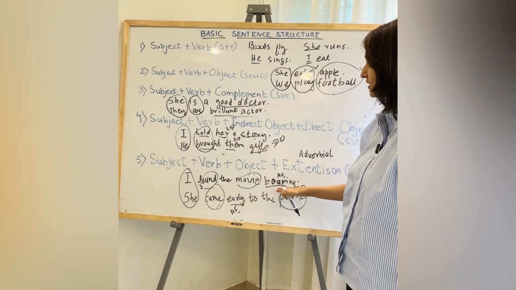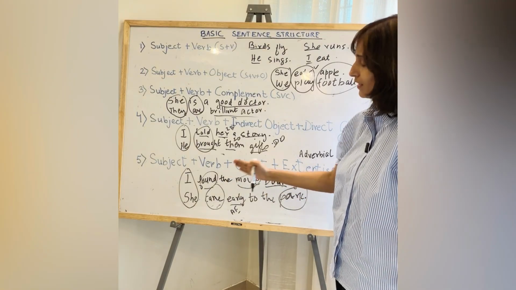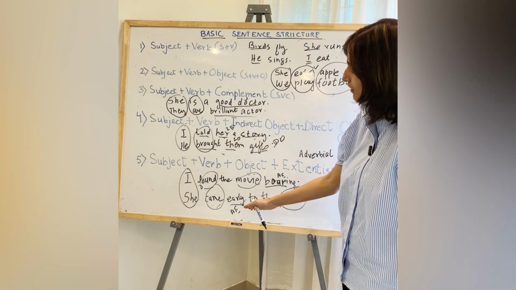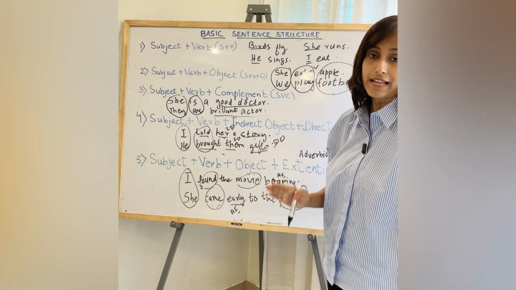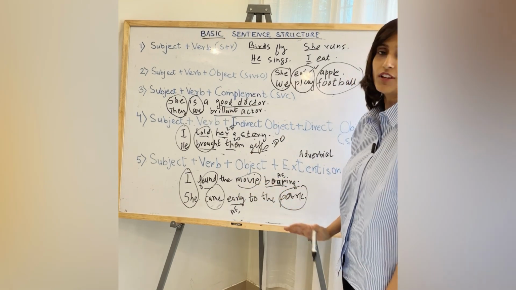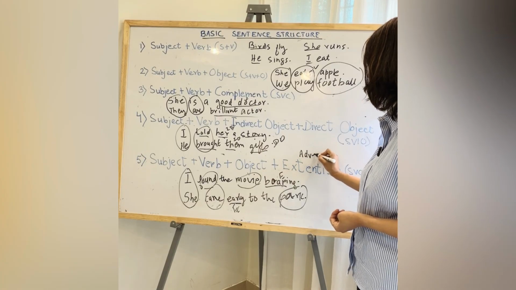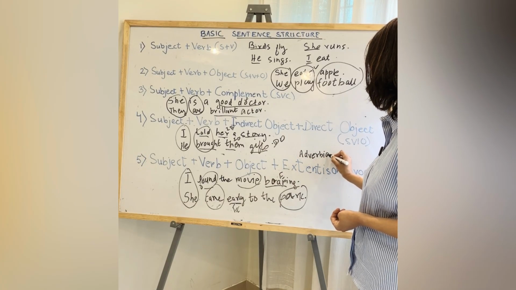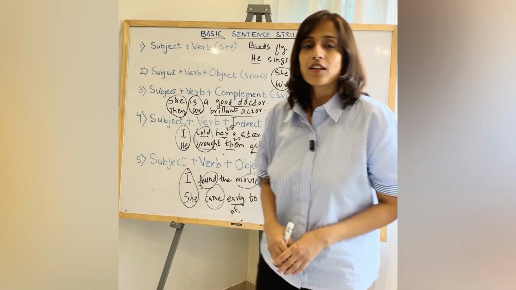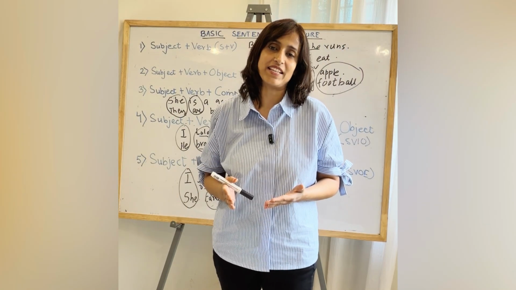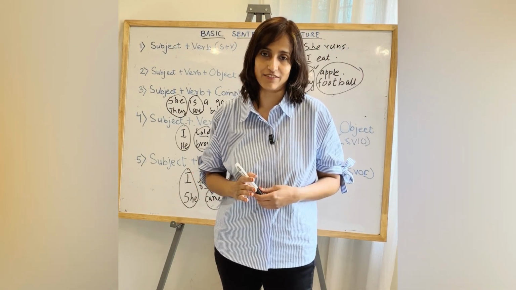Boring tells us to what extent I found that movie boring, and early tells us about the time when she came to the park. Better to say that these are adverbial extensions.